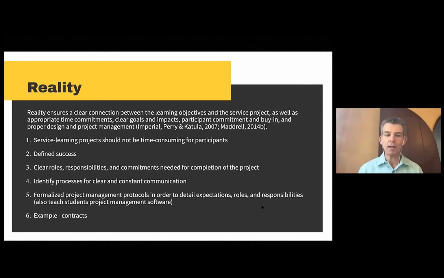How do we identify the processes for clear and constant communication? How do we formalize project management protocols in order to make sure those expectation roles and responsibilities are clear to everybody involved? And last but not least, are we providing examples of anything like contracts, things that students will see in the future, but can use for experiences like this in the service learning context?